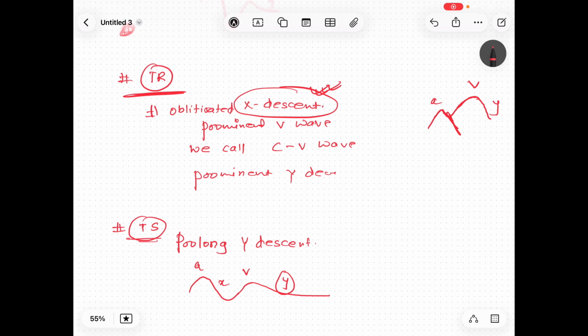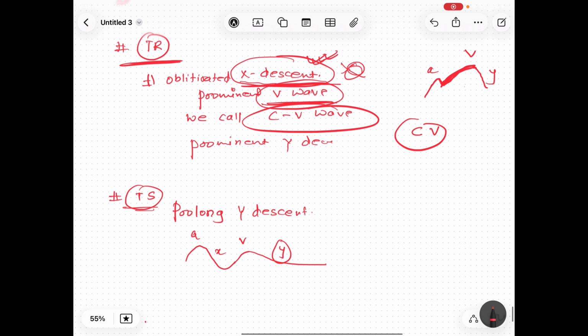There is a prominent V wave, and we call it the famous CV wave. And the next negative wave, Y descent, is also prominent in tricuspid regurgitation. You have to remember this finding.